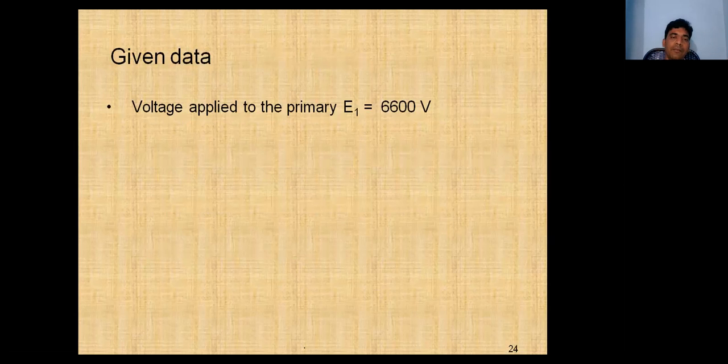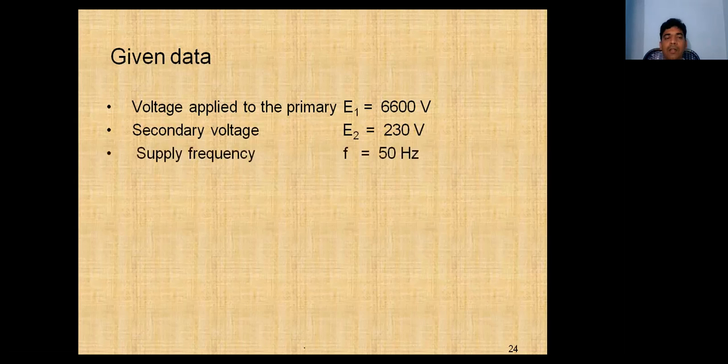Given: voltage applied to the primary E1 is equal to 6600 volts. Secondary voltage E2 is equal to 230 volts. Supply frequency F is equal to 50 Hz.